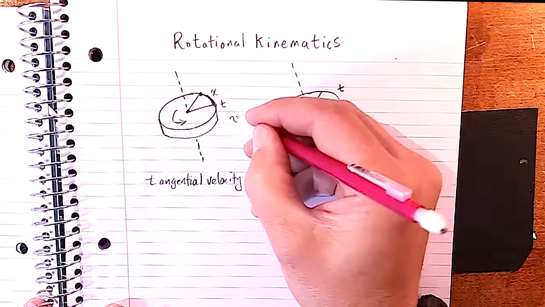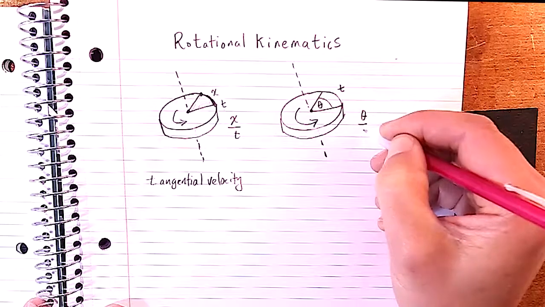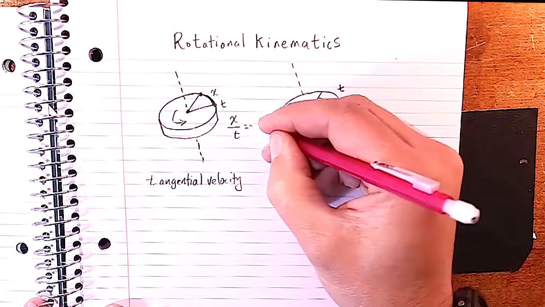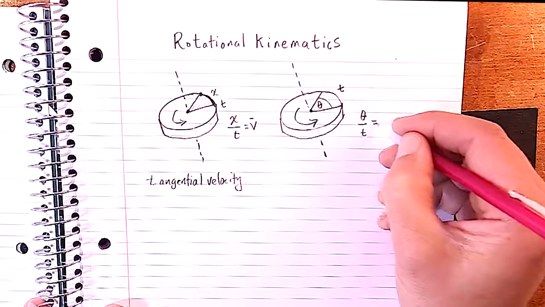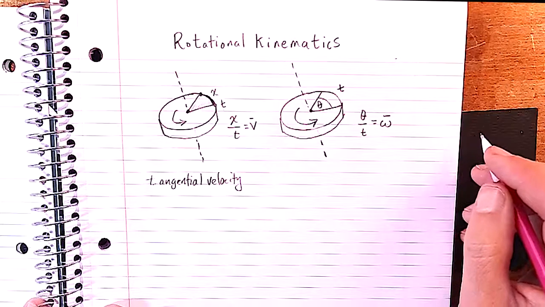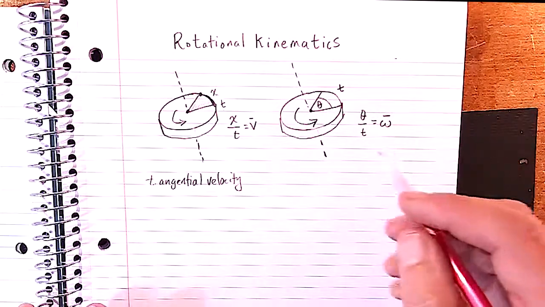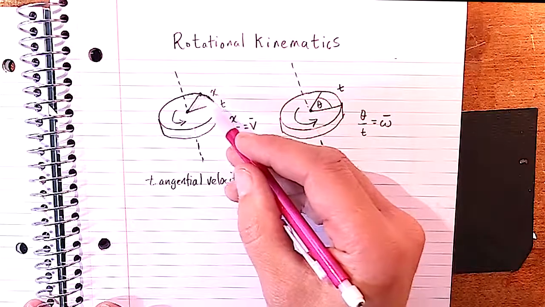So whereas this would be x over t, this would be theta over t. And this we call the velocity, and it would be average, and this we call the angular velocity, and it would be the average.